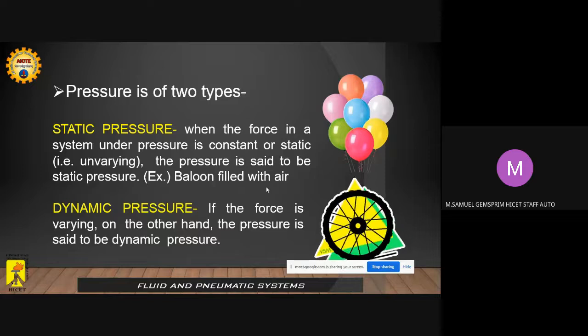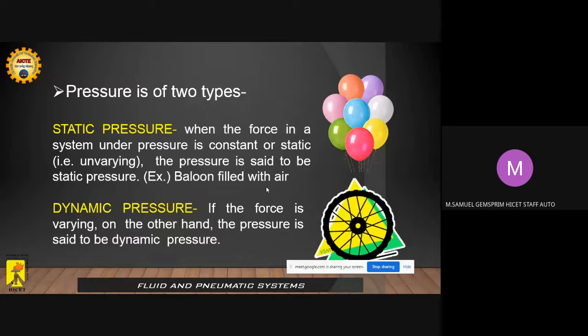Nothing is changing there. Simply the pressure makes the balloon take a particular shape, thereby it floats, and we play with it. In that case the pressure is unvarying. Once the pressure is filled, it does not vary. So that is static pressure.